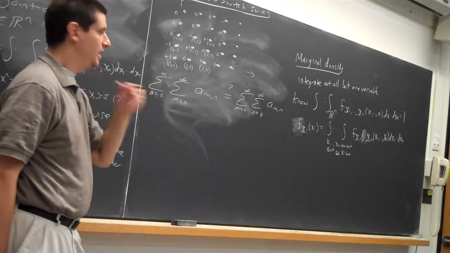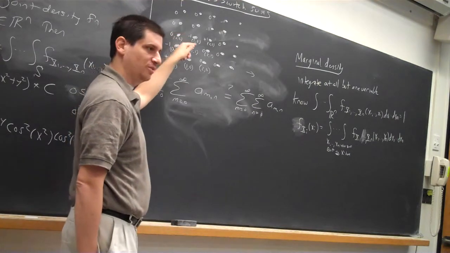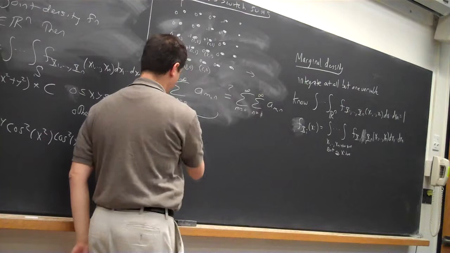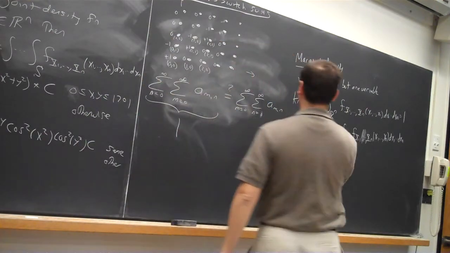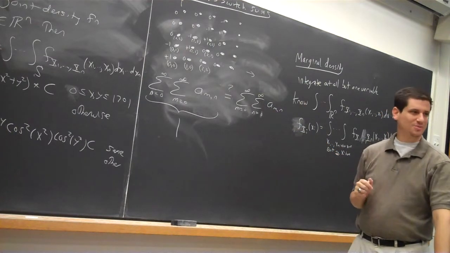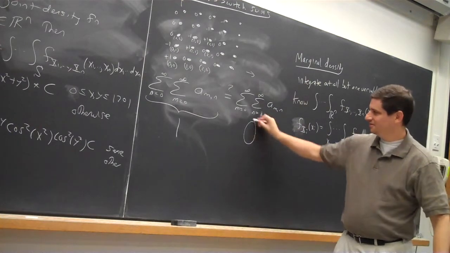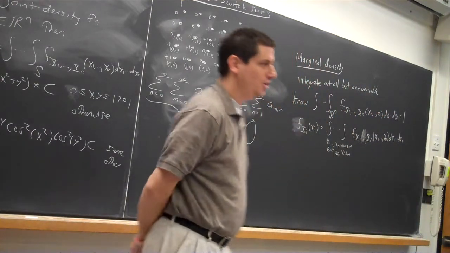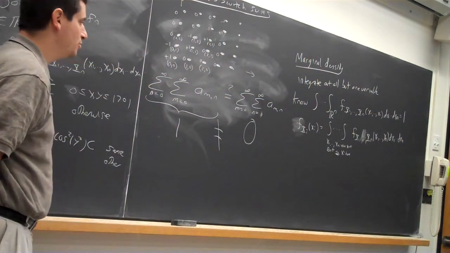It's 1 in the first one and everything else is 0. So what do I get for this side? 1. Now here I fix a column. What is the sum in each column? 0. So here's an example where you can't switch the order of summation.